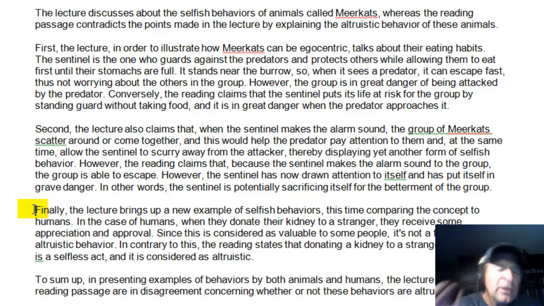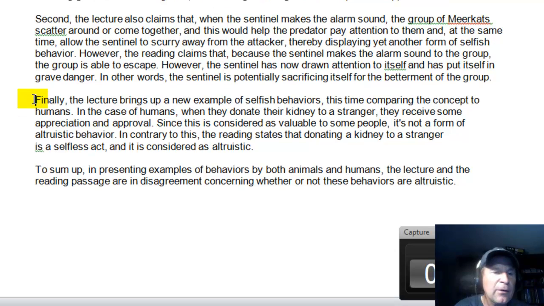You see what I'm saying? You're changing a direction here when you get to this second to the last paragraph, and because you're changing directions from talking about animals to talking about humans, I think you need a transition. That's why I put what I did here. So it says, finally, the lecture brings up a new example of selfish behaviors, this time comparing the concept to humans.